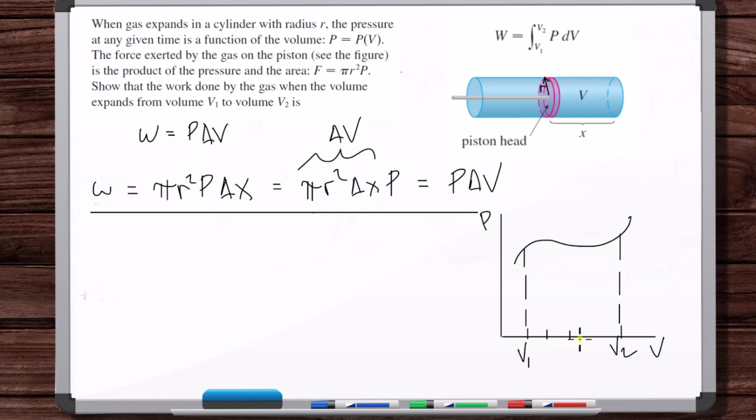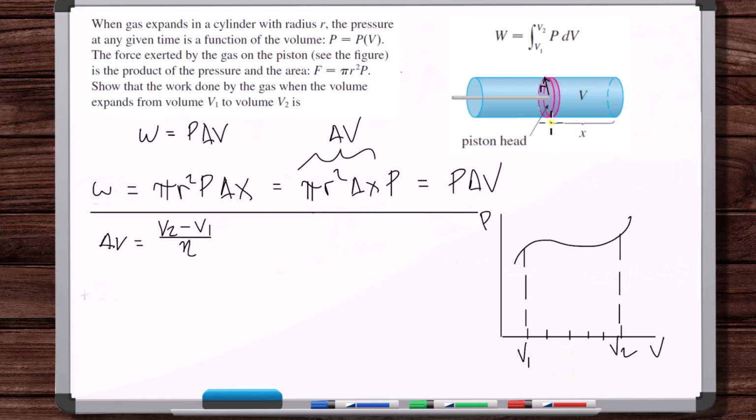Let me just put 1, 2, 3, 4, 5 pieces, let's say, but it could be any amount of pieces. The width of each piece is going to be the same. It's going to be a delta V, and that would be equal to V2 minus V1 divided by the number of pieces we choose.